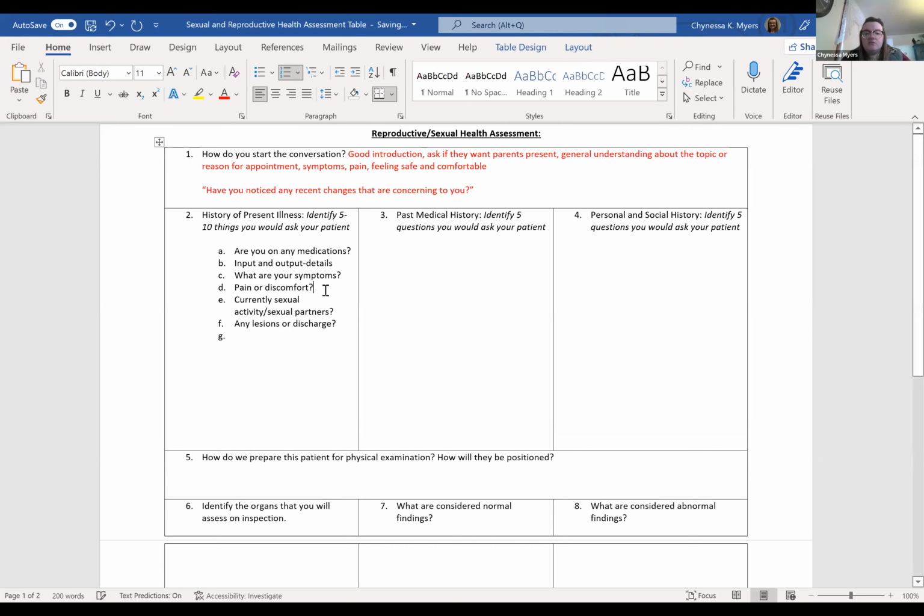Pain or discomfort, describe the pain. Aggravating and relieving factors. Maybe when did things begin? How long has it been going on? Does anything make it feel better?